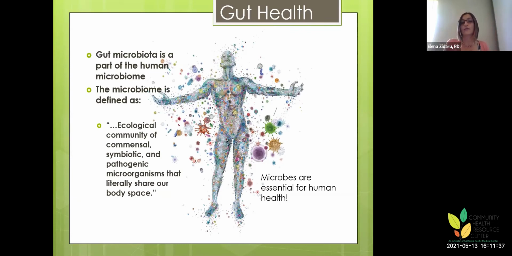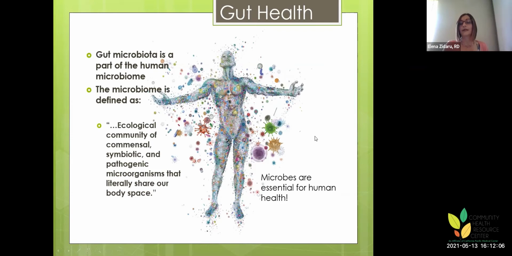The microbiome, this is the proper definition, is this ecological community of commensal, symbiotic, and pathogenic microorganisms that literally share our body space. That will include bacteria on your skin, of course, bacteria in your mouth, and then the human microbiome refers mainly to the bacteria in the GI tract. So, microbiome versus microbiota.